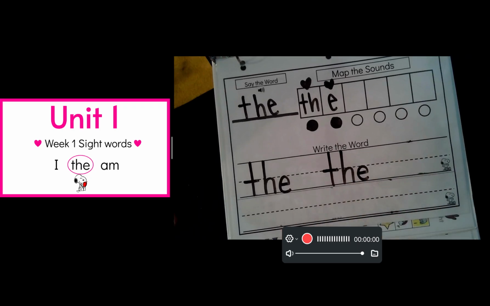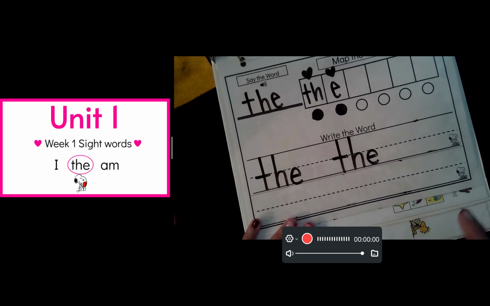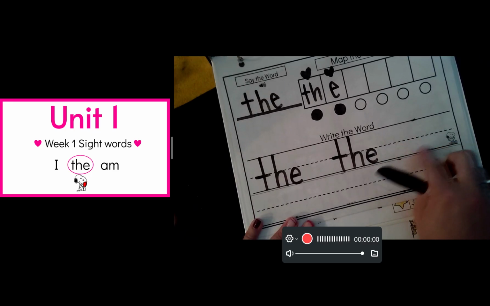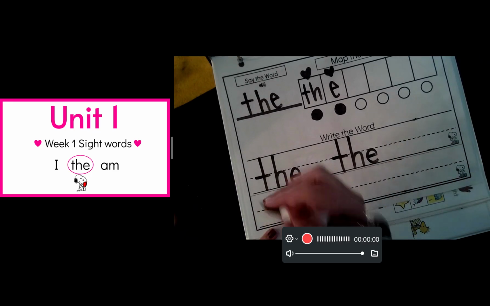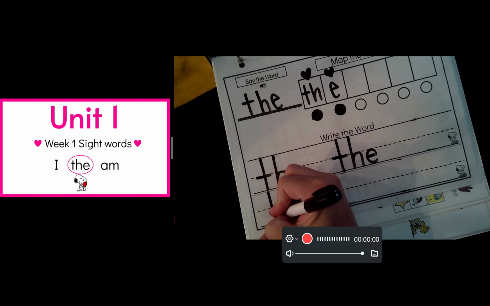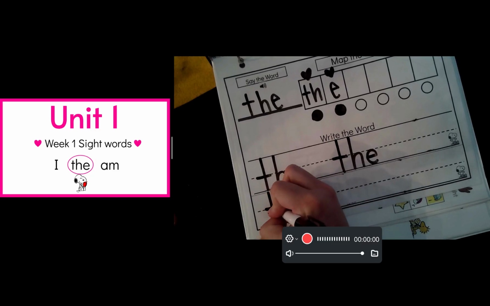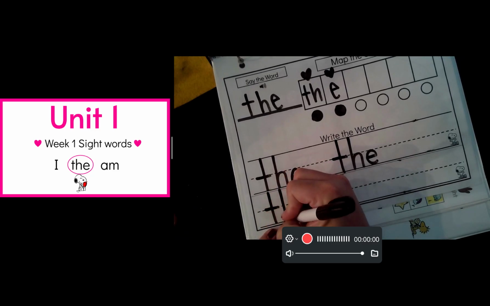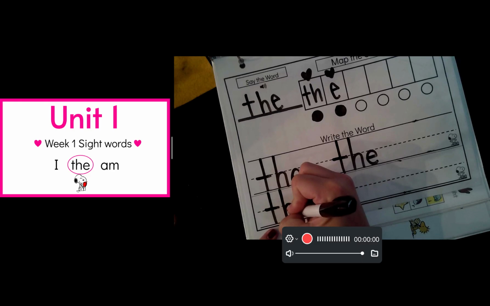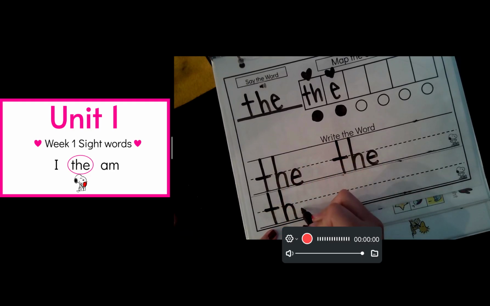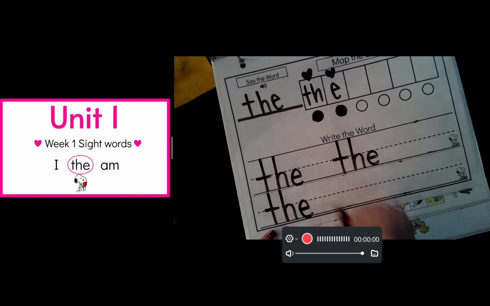The. Remember to say your sight word when you read it. I don't want my word to be too squished, so I'm going to go ahead and write it on this one. Down, up, roller coaster down. It goes straight up and around.